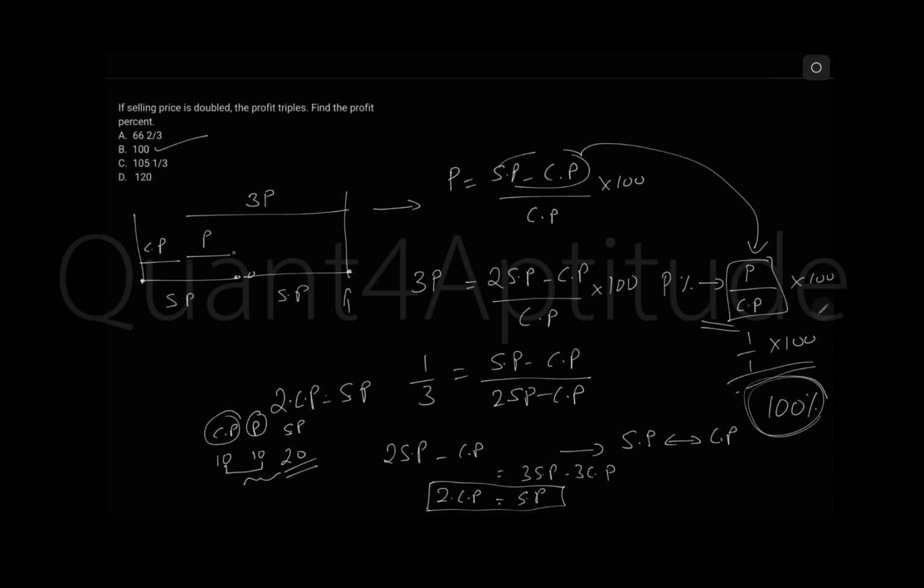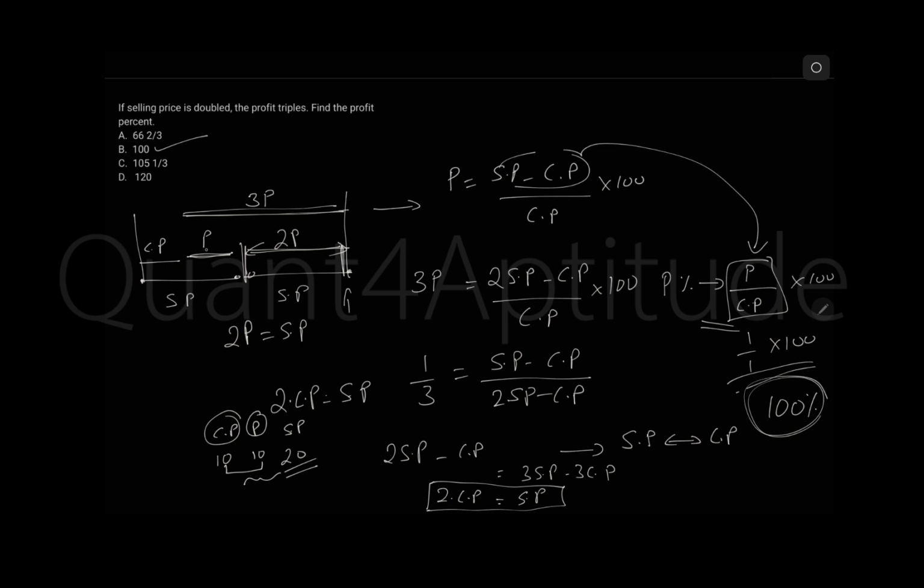That means the difference between this profit and this profit, which is the additional selling price we have got, is nothing but 2 times the profit. Because this is 3 times profit, this is single profit, this will be the remaining 2 pieces of profit. So here you have indirectly got one relationship, 2 times profit is equal to selling price.